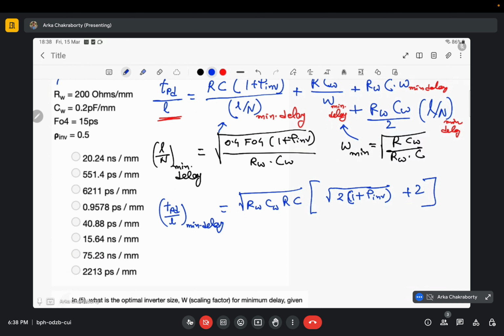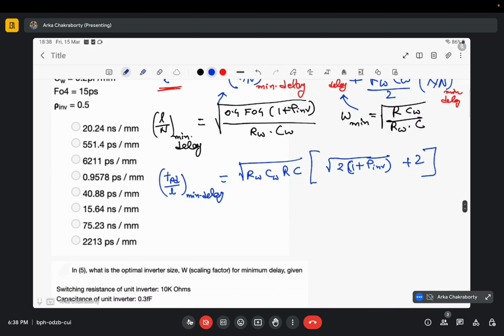Okay. So now we also know that fan out of 4 is equal to R into 5C. Why? It is the condition that one inverter is feeding similar 4 inverters. This is fan out of 4 delay, and here if it is C, here also it would be C plus C plus C plus C, so it would be 4C here.